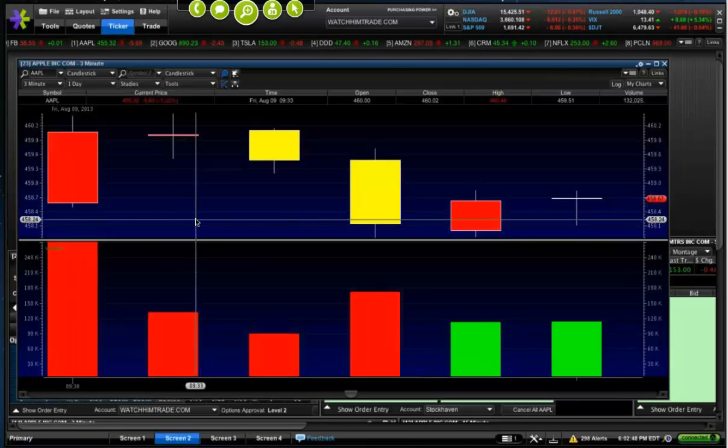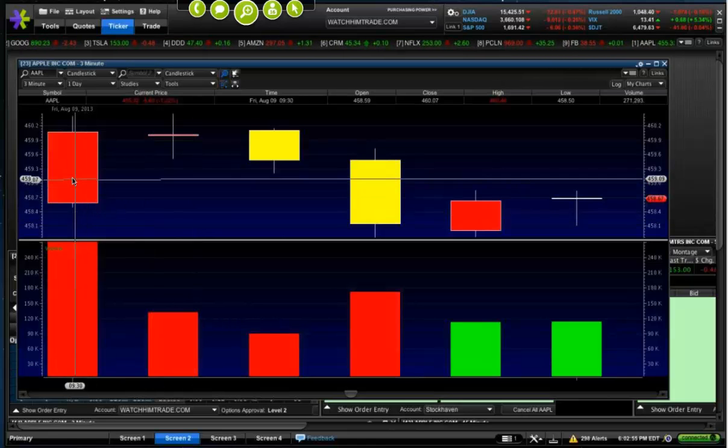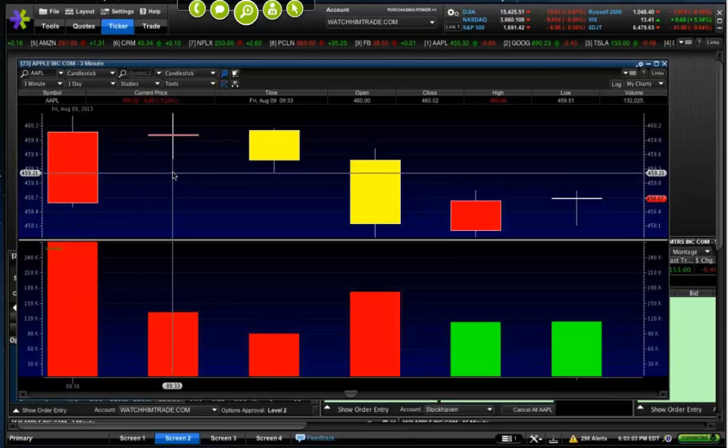Okay, and I'm looking at a 3-minute chart. And what you need to know is the first 3-minute candle is referred to as the initial 3-minute candle, and the second 3-minute candle is referred to as the initial 6-minute candle because it is price action ending at 9:36.